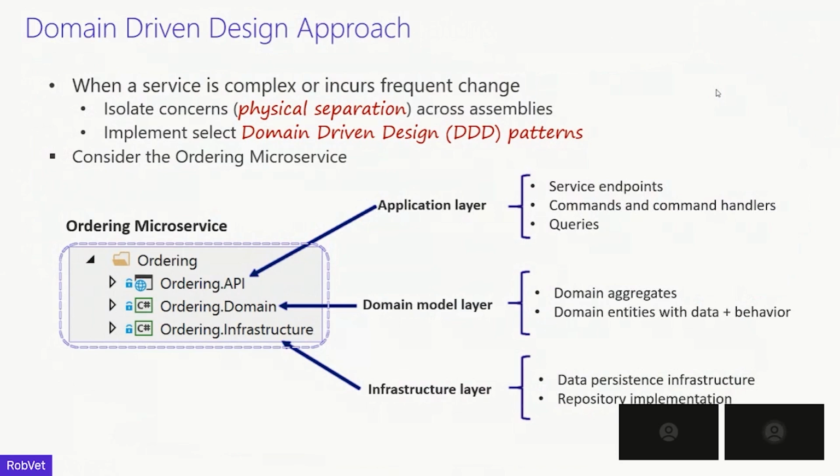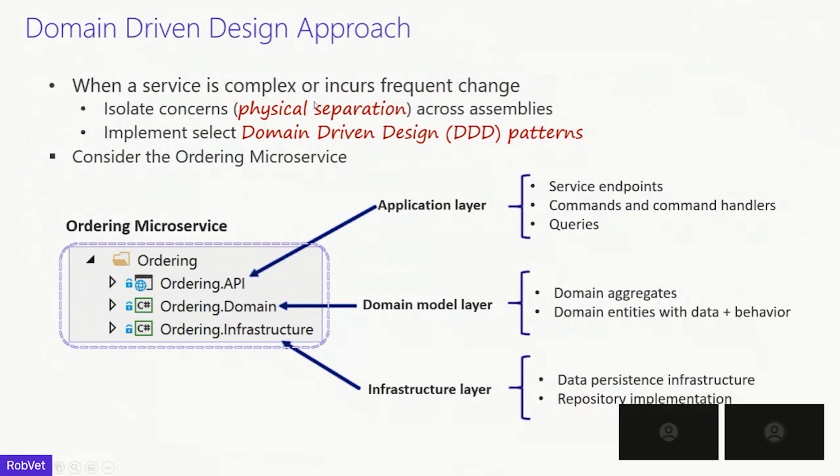First of all, I might have a separate assembly for all of my front-end application logic, my API controllers, and that. I'm going to have maybe a separate assembly for my domain logic and a separate assembly for my infrastructure. I may at this point begin to separate those physically because they're more complicated and I may end up at some point wanting to unplug and plug other things in as well.